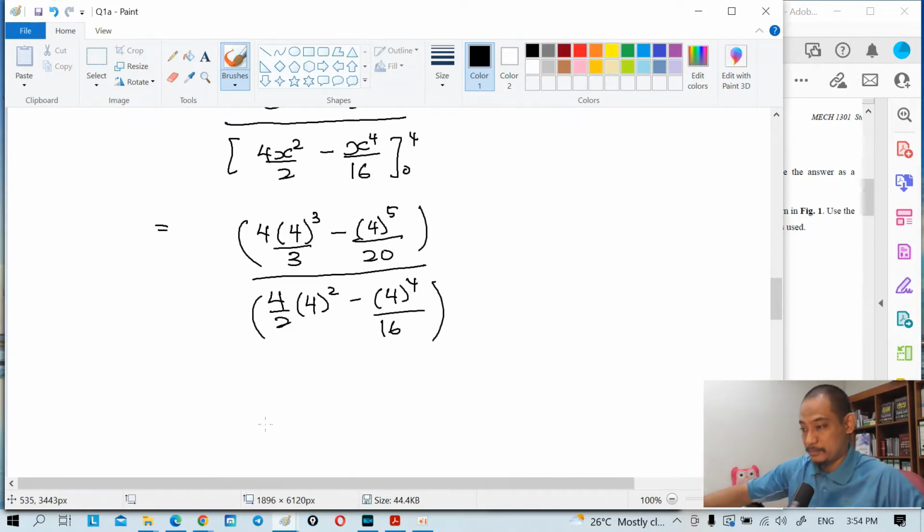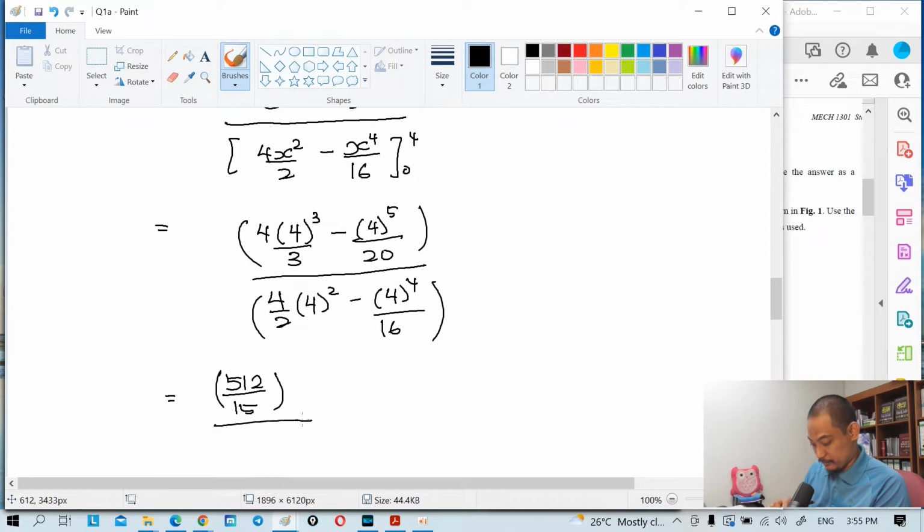So if you calculate that, 4 times 4 to the power of 3 divided by 3 minus 4 to the power of 5 divided by 20. That's basically 512 over 15 on top, divided by 4 times 4 squared divided by 2 minus 4 to the power of 4 divided by 16.